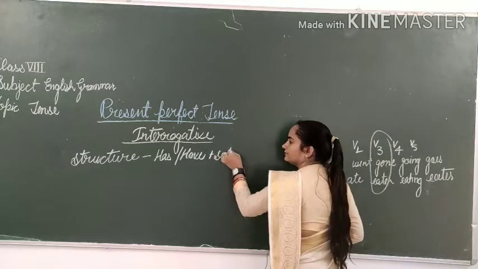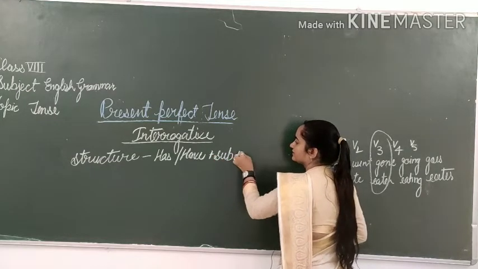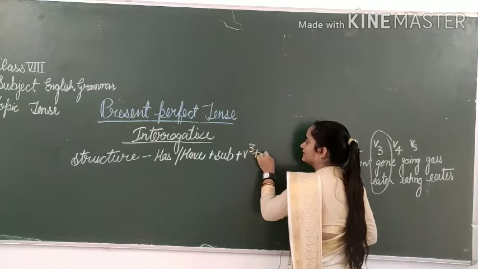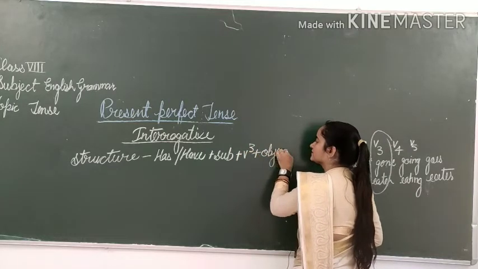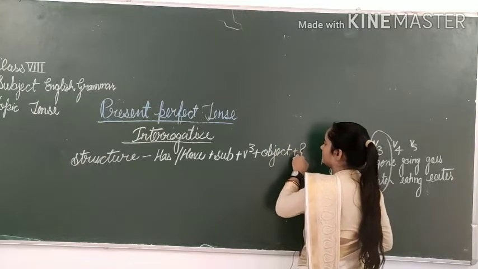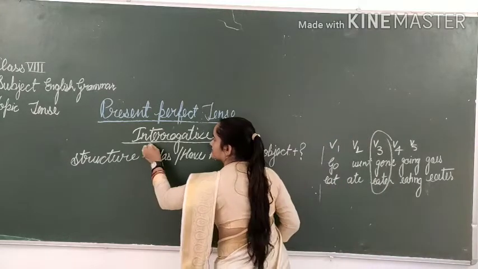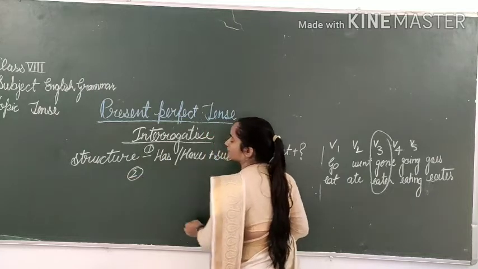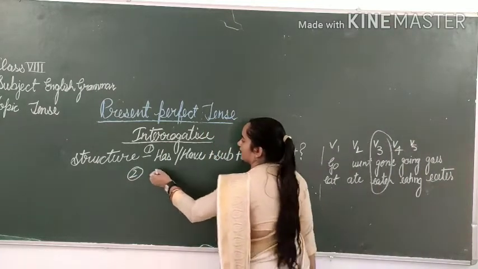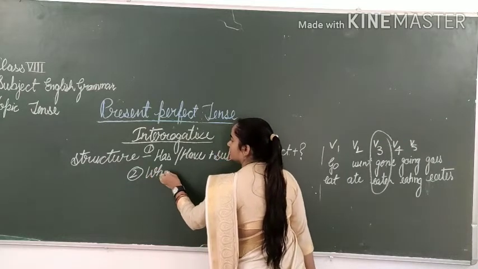Then after subject, and then V3, and in the last object plus question mark. This is your first structure where the question starts with helping verb.